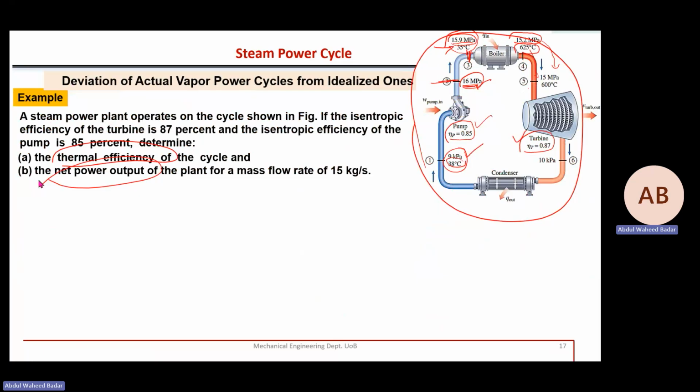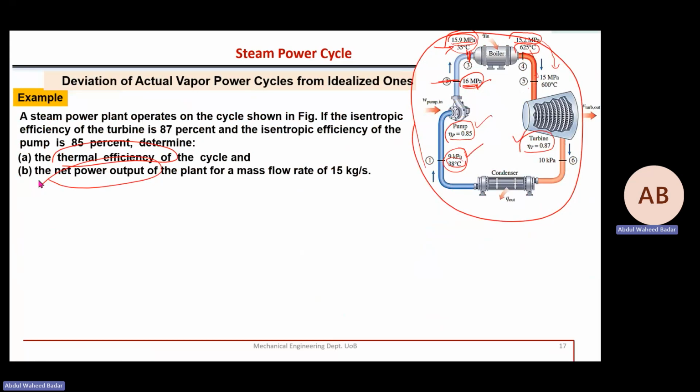This question. Here the challenge is to find out properties using table or chart. The isentropic efficiency is given by the manufacturer in the chart.